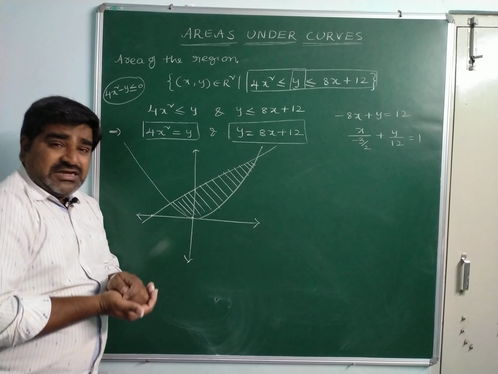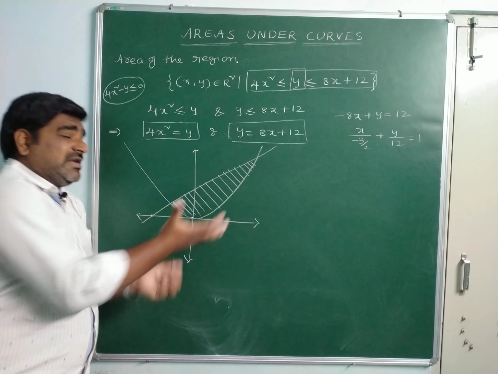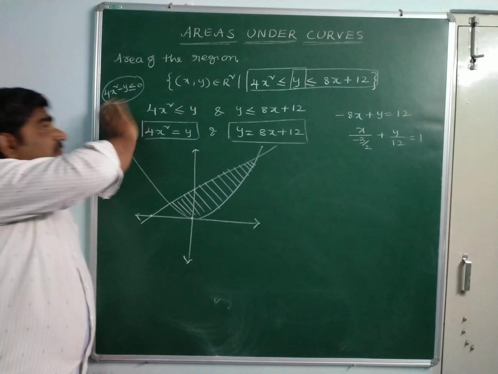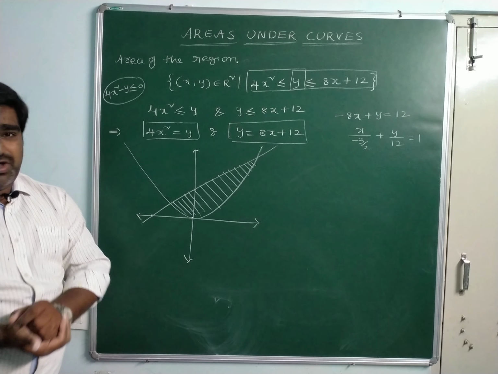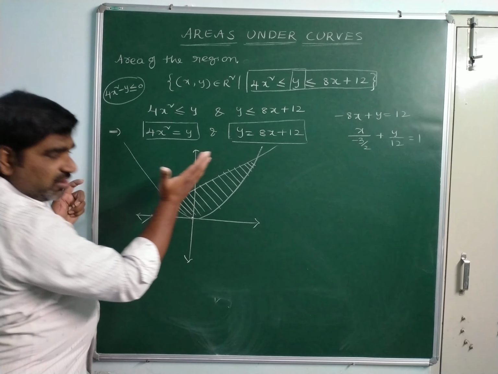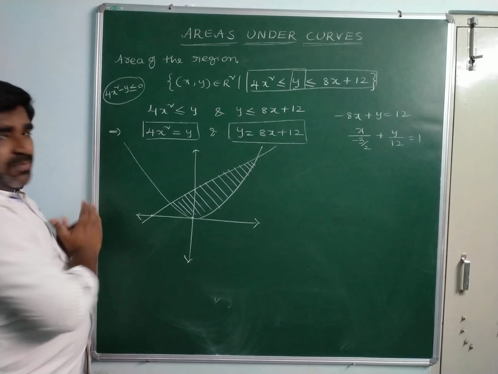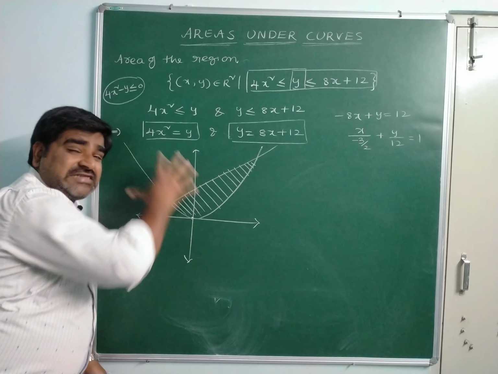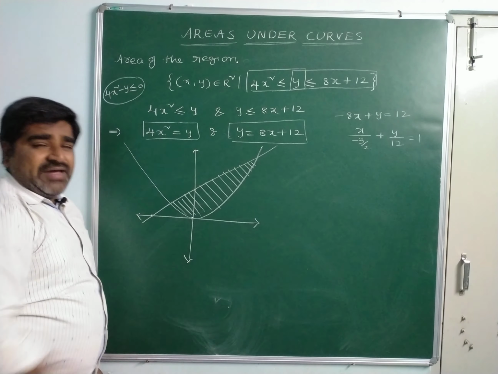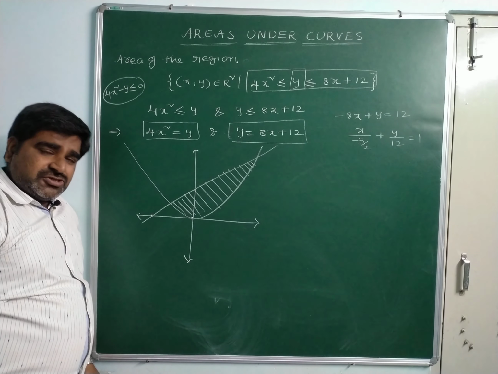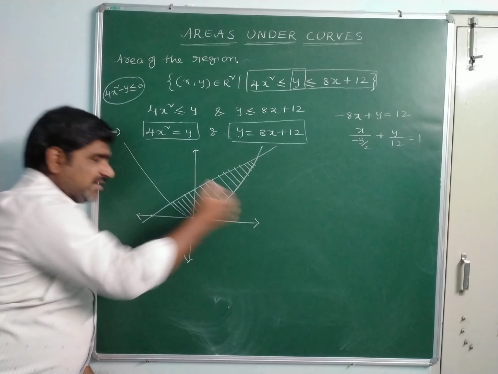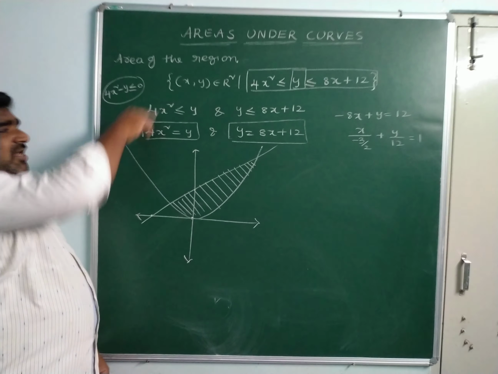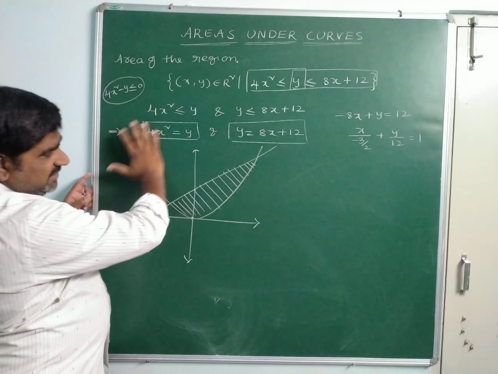Whenever 4x square minus y less than or equal to 0 is given, we have to consider the region which lies inside the parabola. Whenever 4x square minus y greater than or equal to 0, in that case, we have to consider the region outside of the parabola. So here in this case, less than or equal to 0, so we have to consider the region inside the parabola.